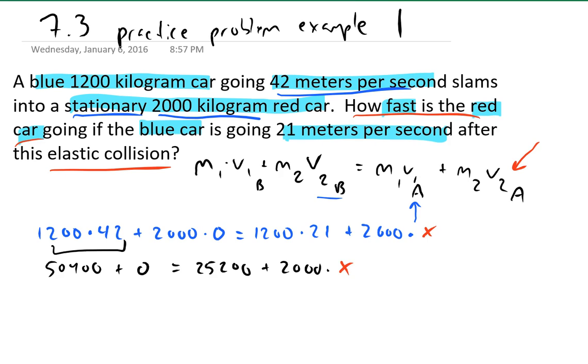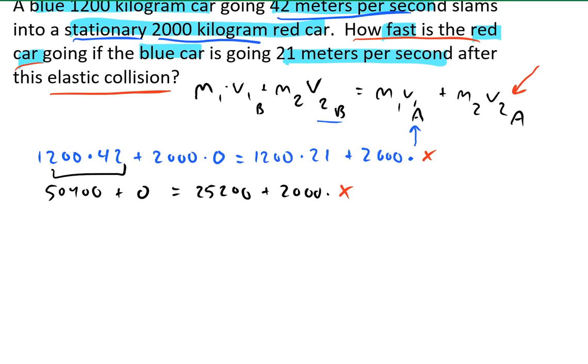From here, we're going to simplify even further. 50,400 plus 0 is going to be 50,400, is equal to 25,200 plus 2,000x. Remember guys, in these videos, I'm always showing as much work as possible, so just keep that in mind.